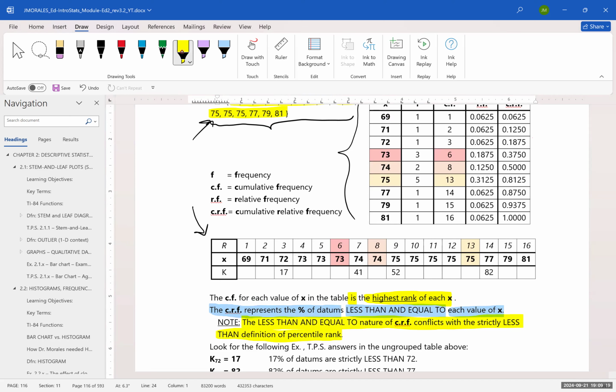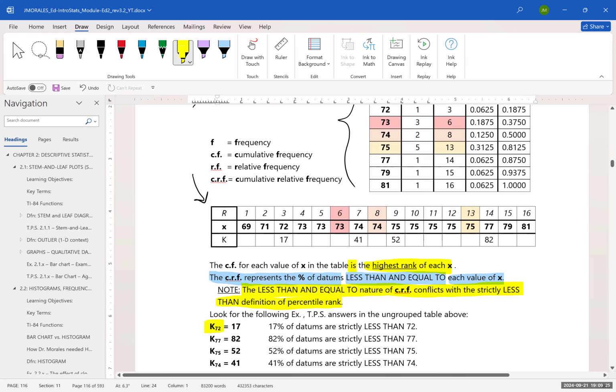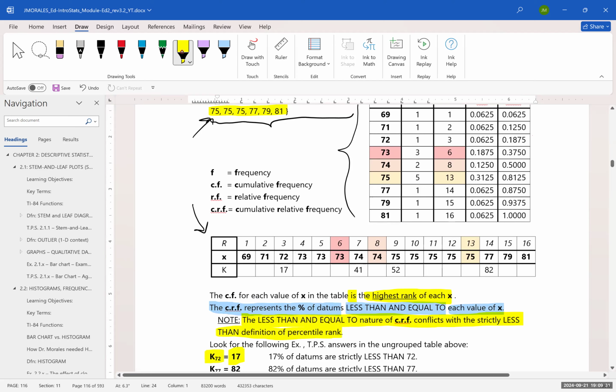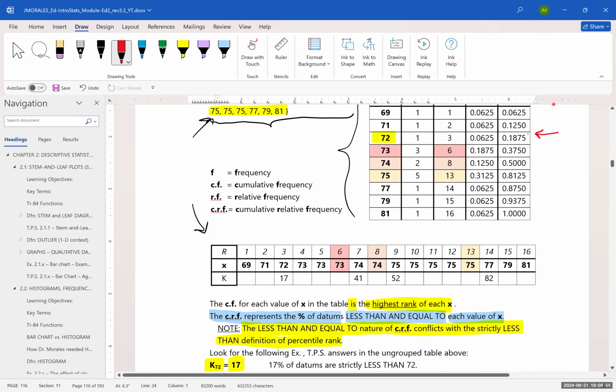So for example, when we calculated the percentile rank of 72, and that was 17, here is 72, and 17% would be right here. It would be between 18.75% and 12.5%.